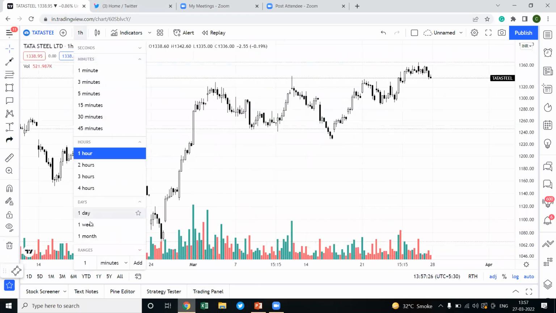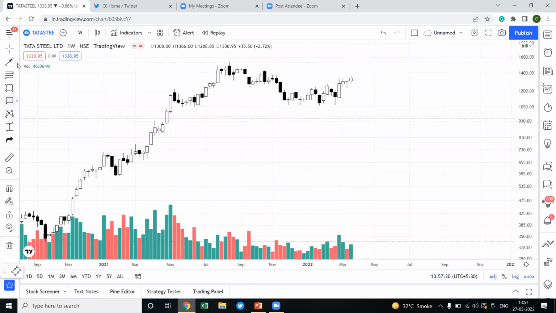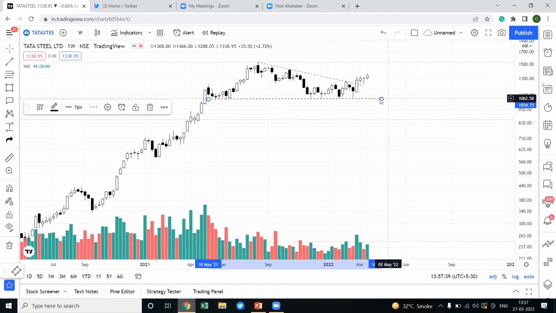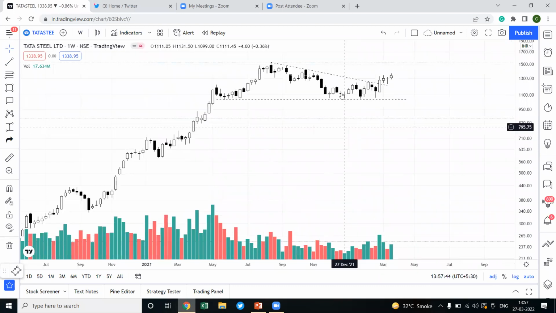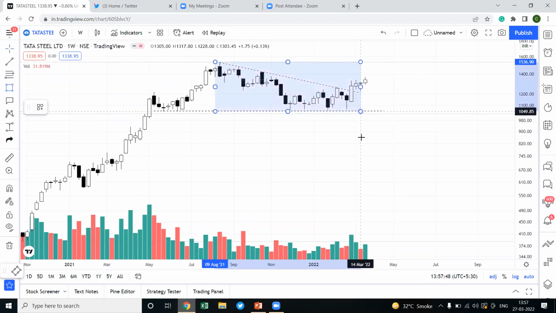And we first look at the weekly chart. On the weekly chart, Tata Steel has broken out from this particular consolidation. Over here, as the stock was in an uptrend, this particular pattern is called a descending triangle pattern.